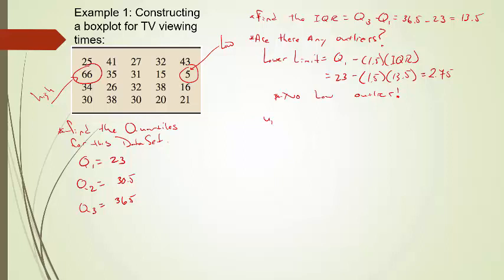But let's check the upper limit. That's Q3 plus 1.5 times the IQR. Well, that's 36.5 plus 1.5 times that IQR of 13.5. Again, let's grab our trusty calculator.